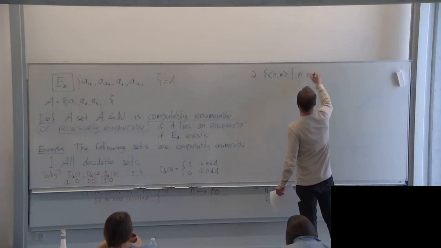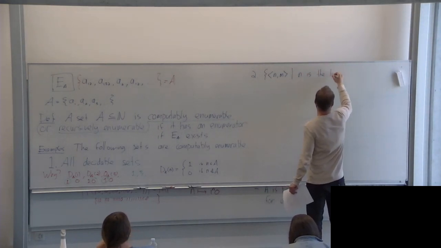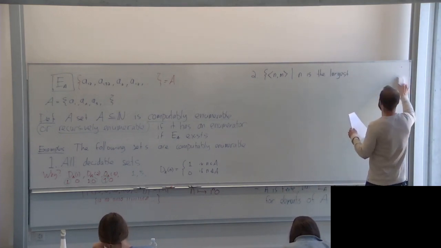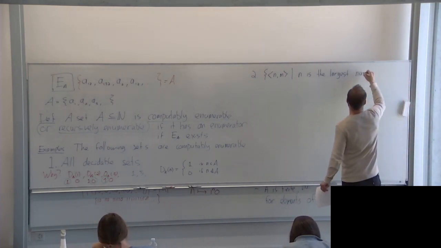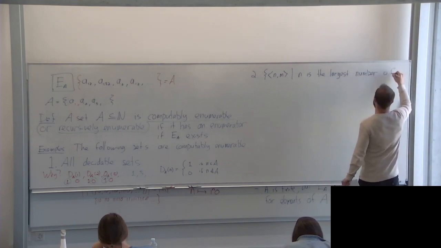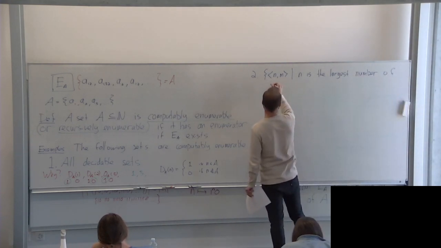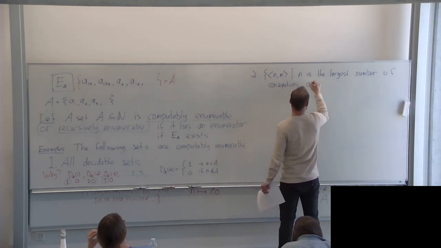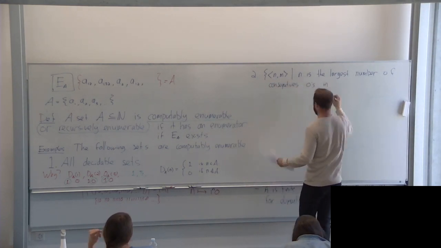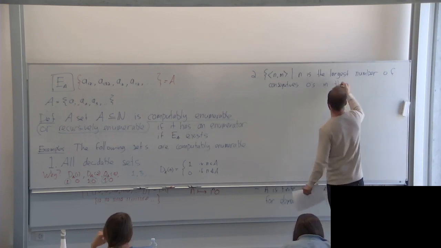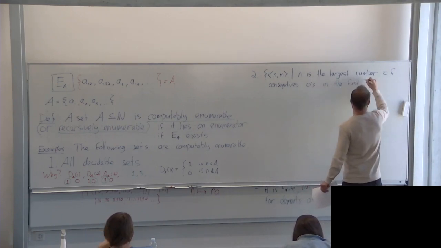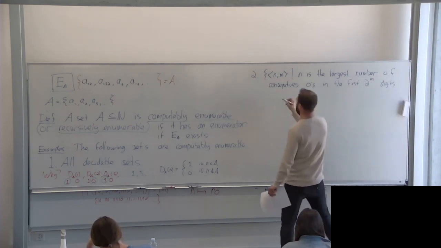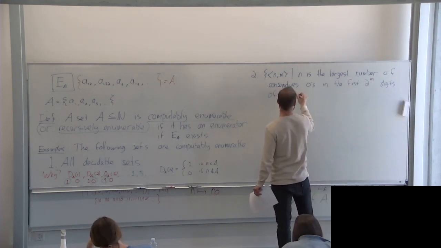n is the largest number of consecutive zeros in the first 2 to the m digits of pi.